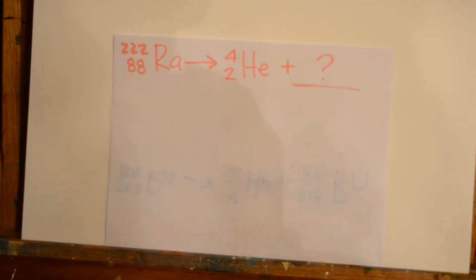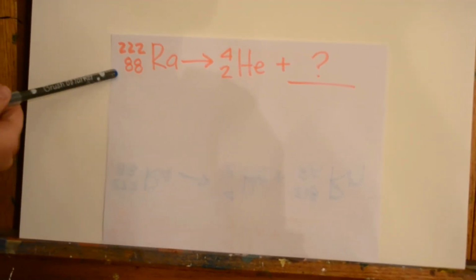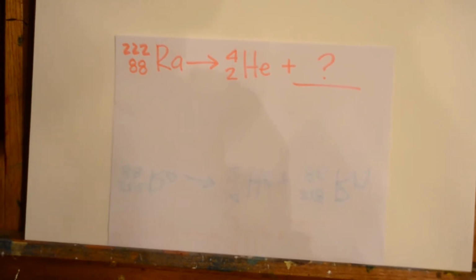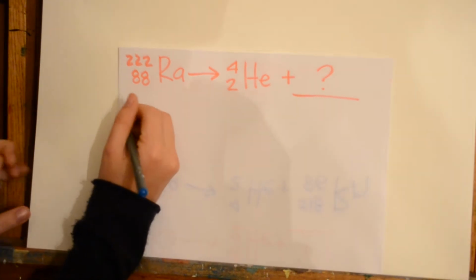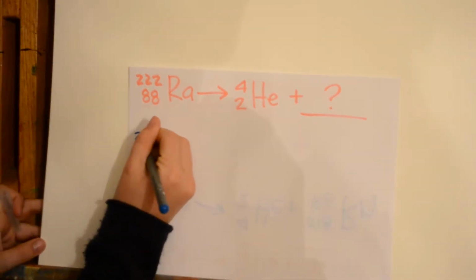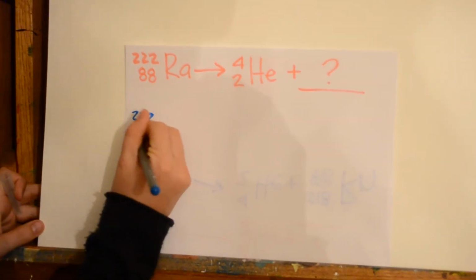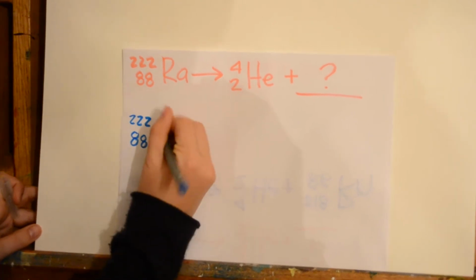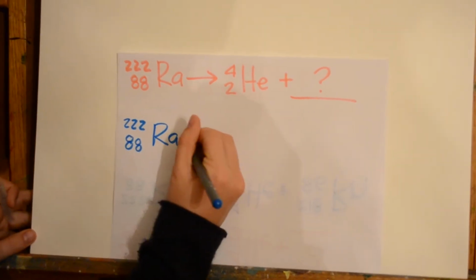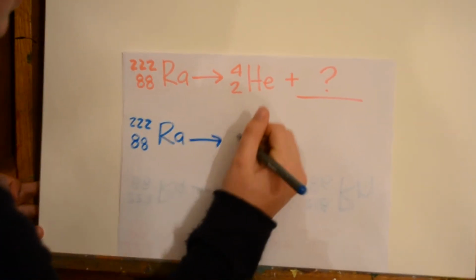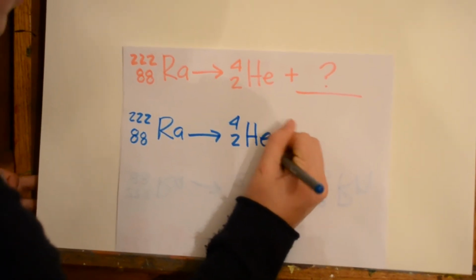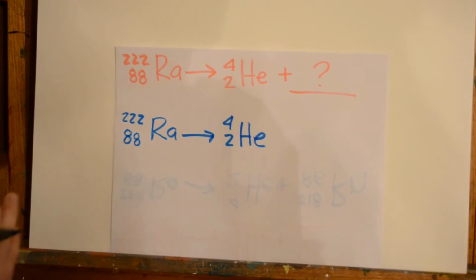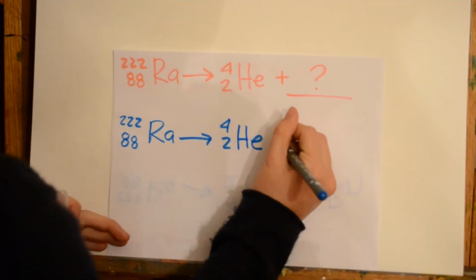So in this equation, we have the atomic number is 88 and the mass number is 222. So we take 222 over 88 Ra, which is the element, and then we know it yields an alpha particle plus something else.